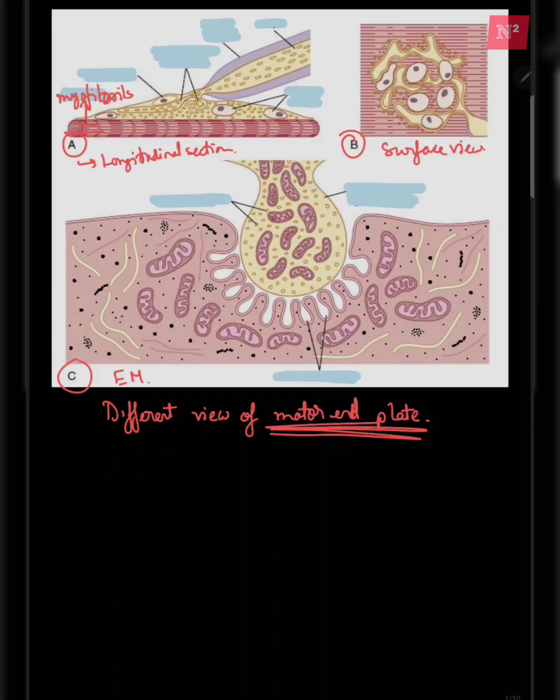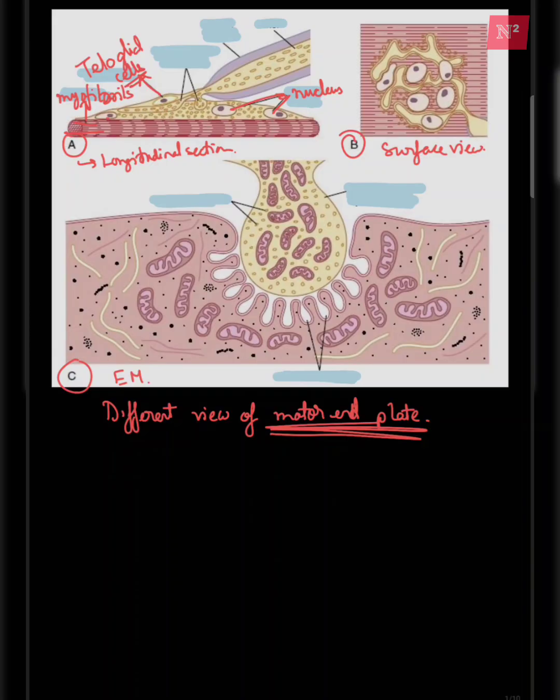Now this is the nucleus. These are the nuclei of the muscle tissue. This is showing you the teloglial cells. So these are the nursing cells, or these cells provide nourishment to the muscle tissue.